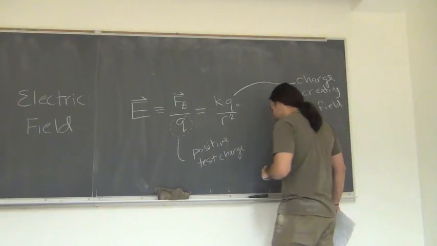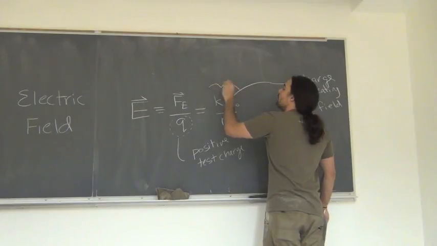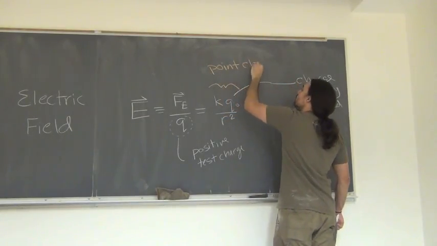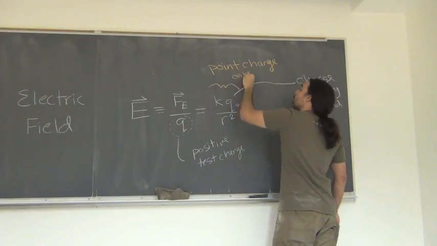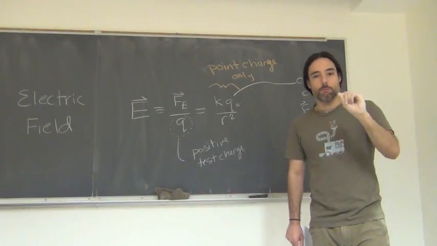The other thing I want to emphasize is that this is for point charges only. By a point charge, I just mean a charge that's a teeny tiny dot. It's a point.